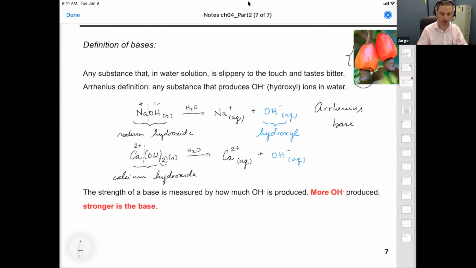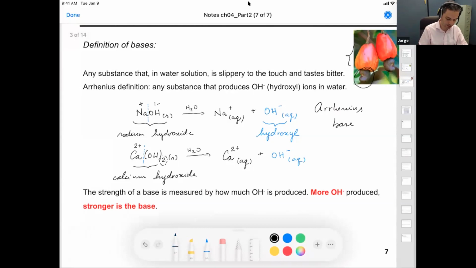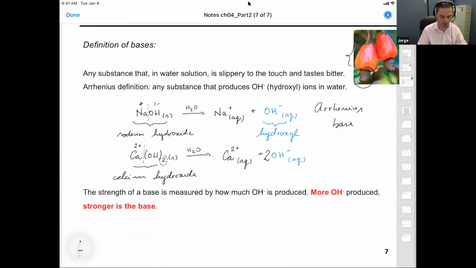Attention here now with the charges. We have calcium 2 plus and OH is 1 minus. To balance the charges, we need to have 2 OH minus. So we had 2 here, 2 has to show up in the reagents.